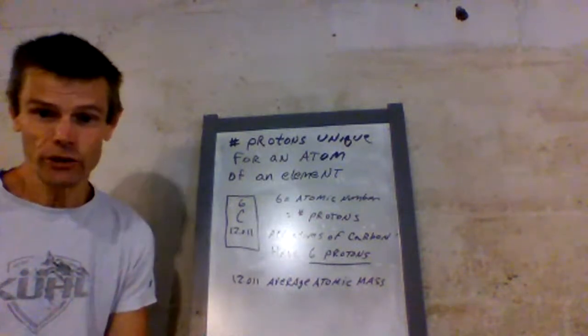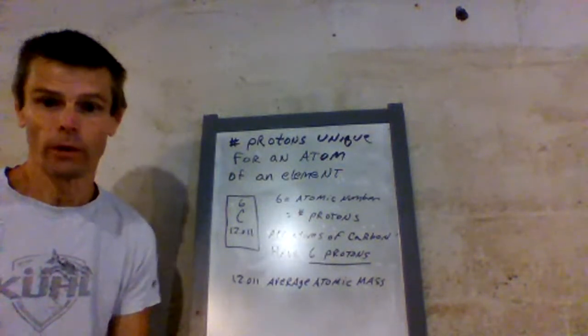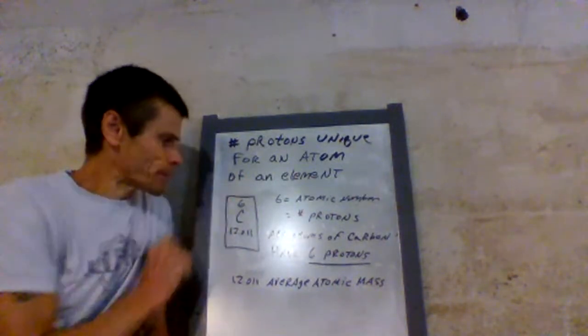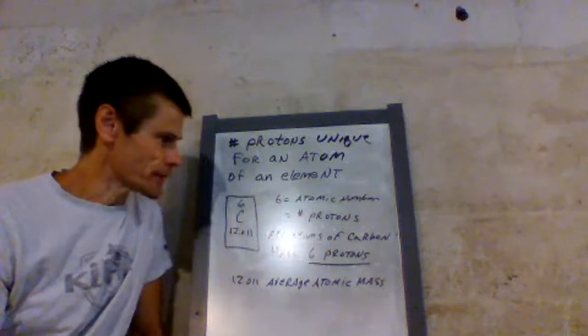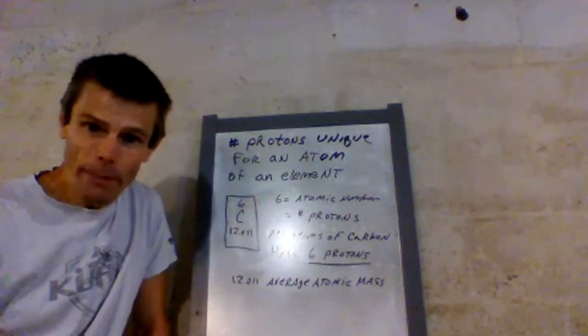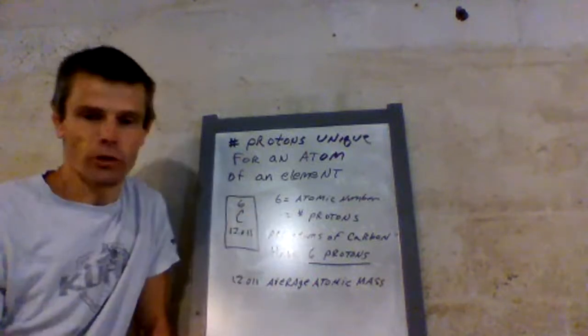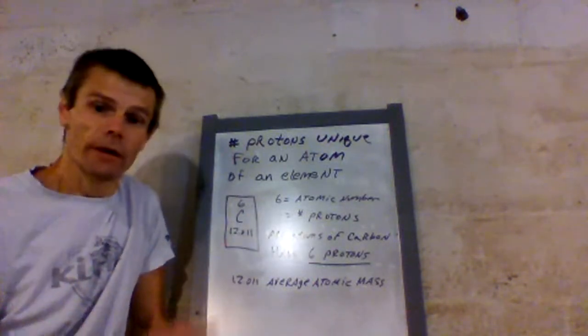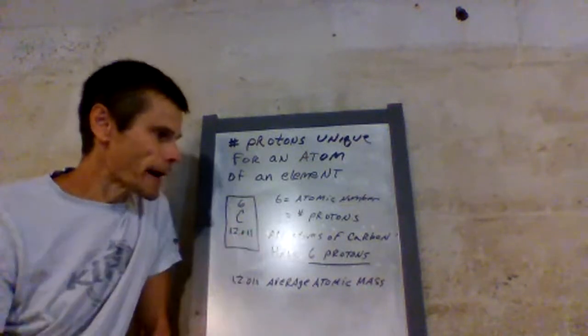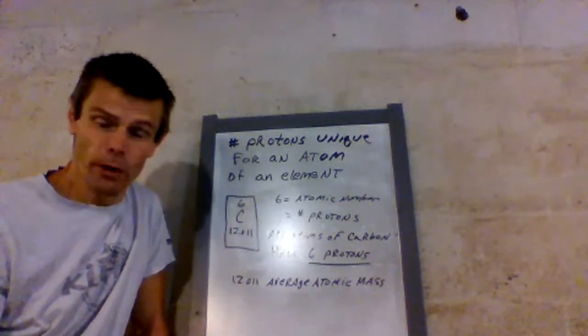That's the abbreviation we use on the periodic table for the elemental symbol of carbon. This whole number 6 that sits above the C is known as the atomic number, which is the number of protons in that particular atom. So this tells us from the periodic table that all atoms of carbon have 6 protons.